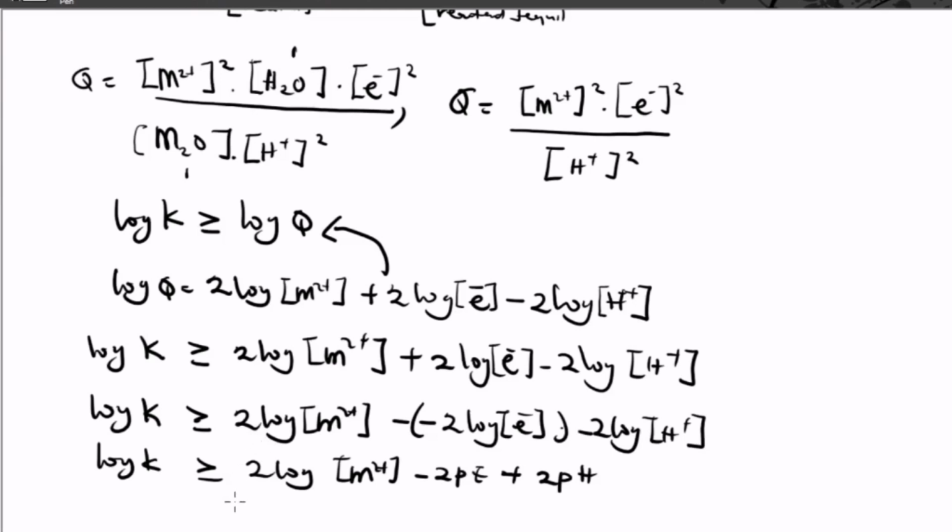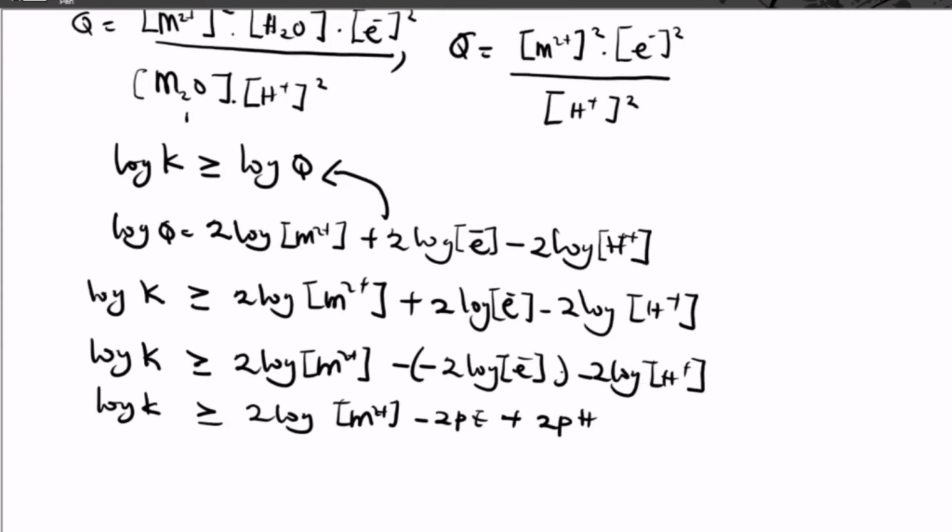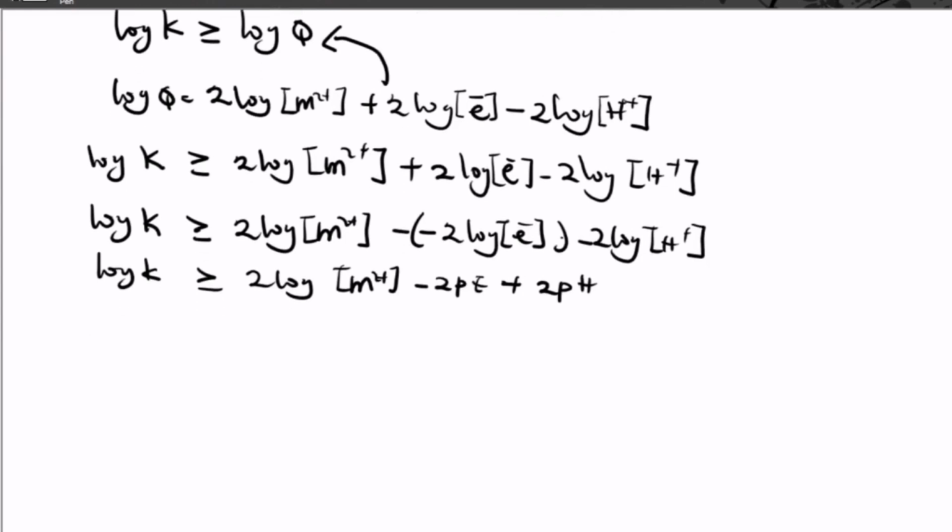Now after getting this, we are going to use this information to draw our stability diagram. Using that table to draw our stability diagram, let's look at something here. First we are plotting pE against pH.